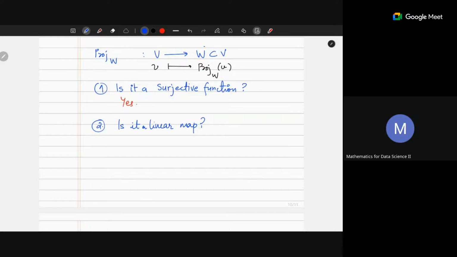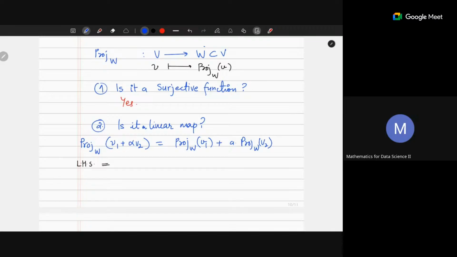We need to check that if I project V1 plus alpha V2 onto W, then it should be equal to projection of V1 plus alpha times projection of V2, right? This is the condition that I need to check. So I start with the LHS. Now, what is the LHS? LHS is the projection of V1 plus alpha V2 onto W.